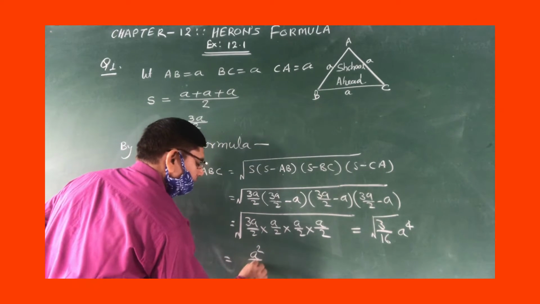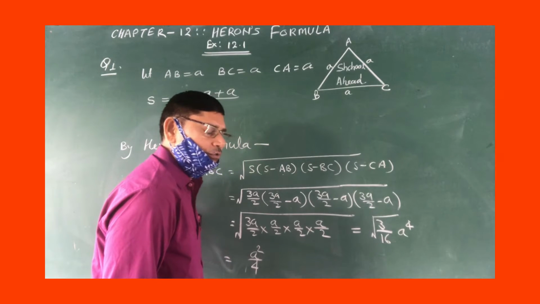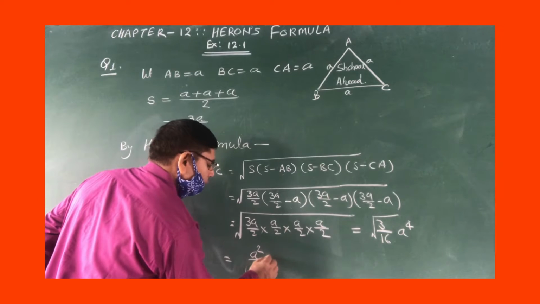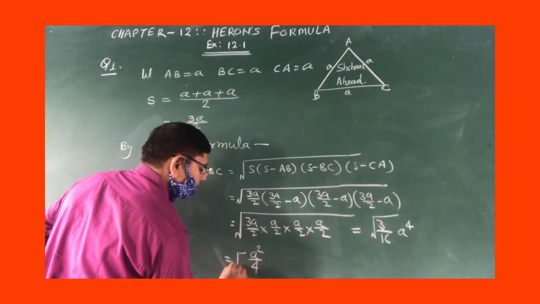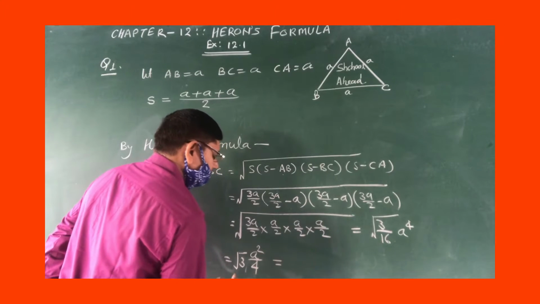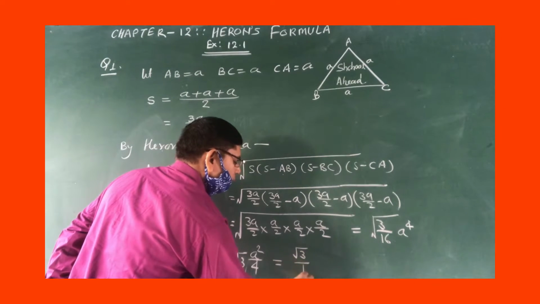So you will write here 4, and 3 is a prime number, you don't know the square root of under root 3, so you will write here only root 3. Finally you will write it as under root 3 by 4.